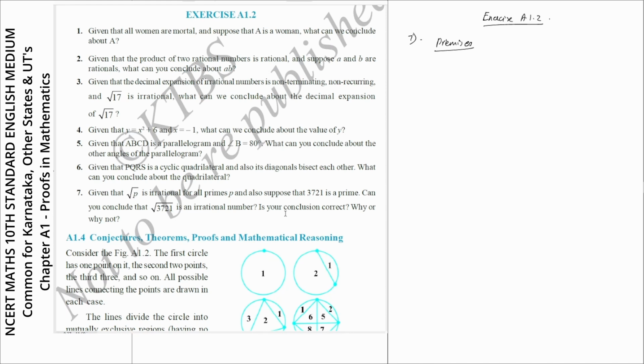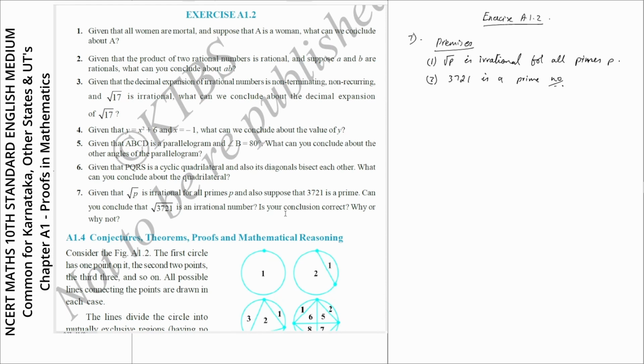So first we'll write what the premises are. The first premise is square root of p is irrational for all primes p. The second premise, or the hypothesis, is that 3721 is a prime number.